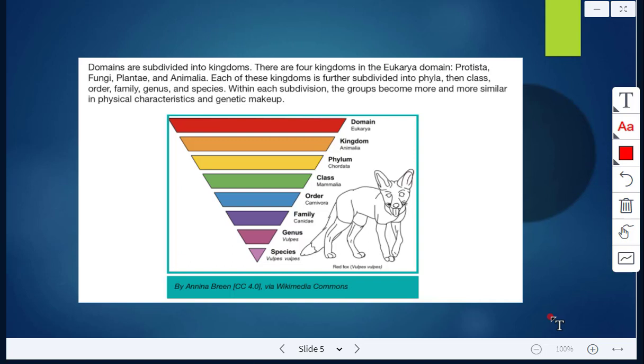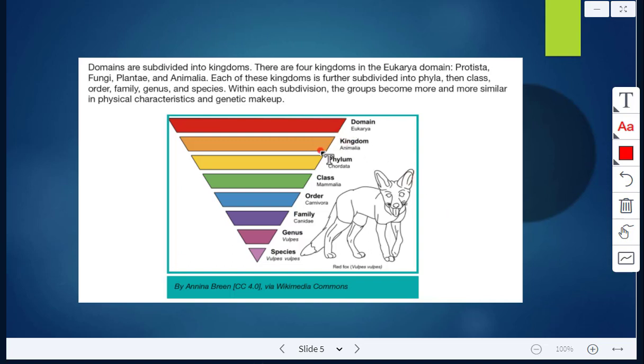Okay, so in this diagram, like we talked about, the domains are subdivided into kingdoms: protista, fungi, plantae, animalia. In this example, we're looking at a red fox, so its kingdom would be animalia.